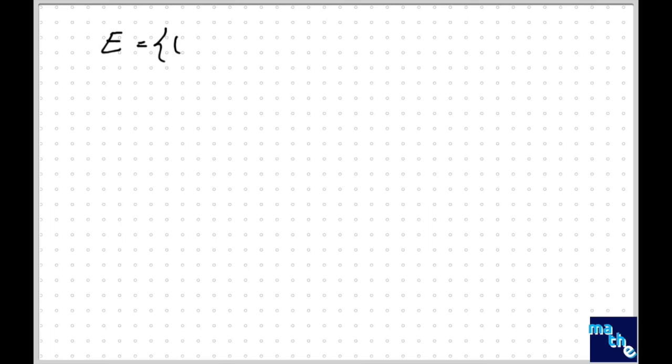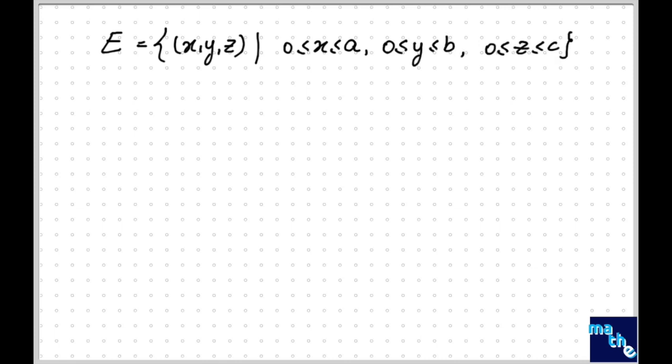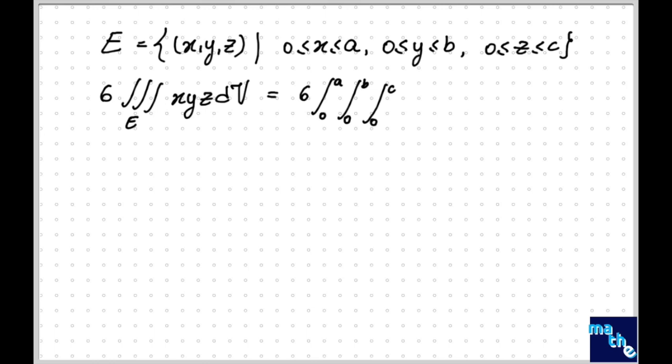Now, we just need to define the region E, where x is between 0 and A, y between 0 and B, and z between 0 and C. With that being said, we can rewrite the previous expression as 6 times the triple integral from 0 to A for x, 0 to B for y, and 0 to C for z of xyz dz dy dx.